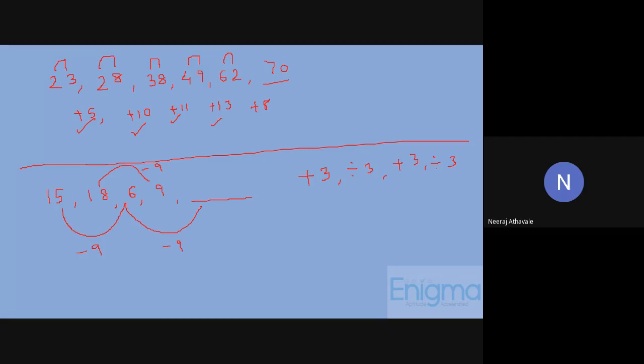Okay, so remember, there could be multiple logics for a given question. You just have to solve it until you get the answer amongst your options. Your question papers would be set by smart people, so they will not give you multiple correct answers, hopefully, in your answer options.